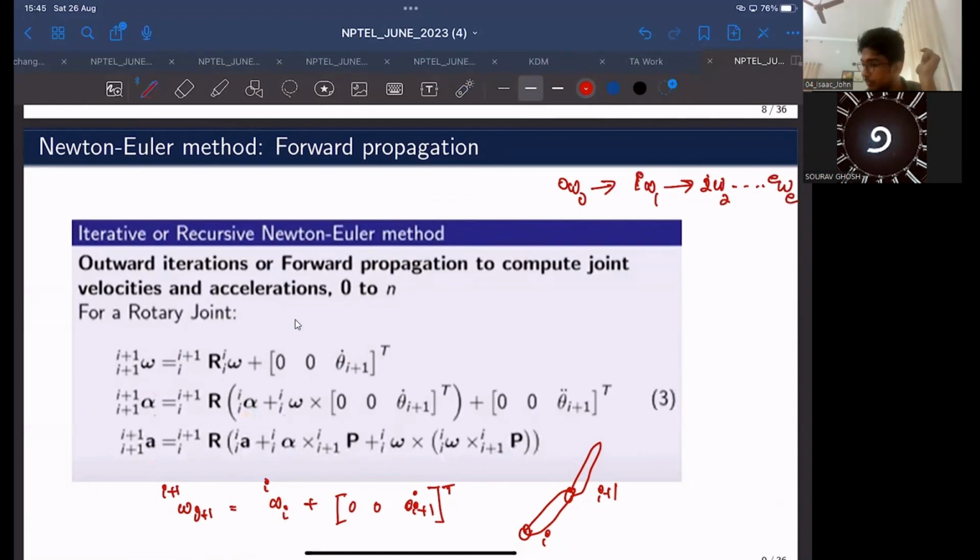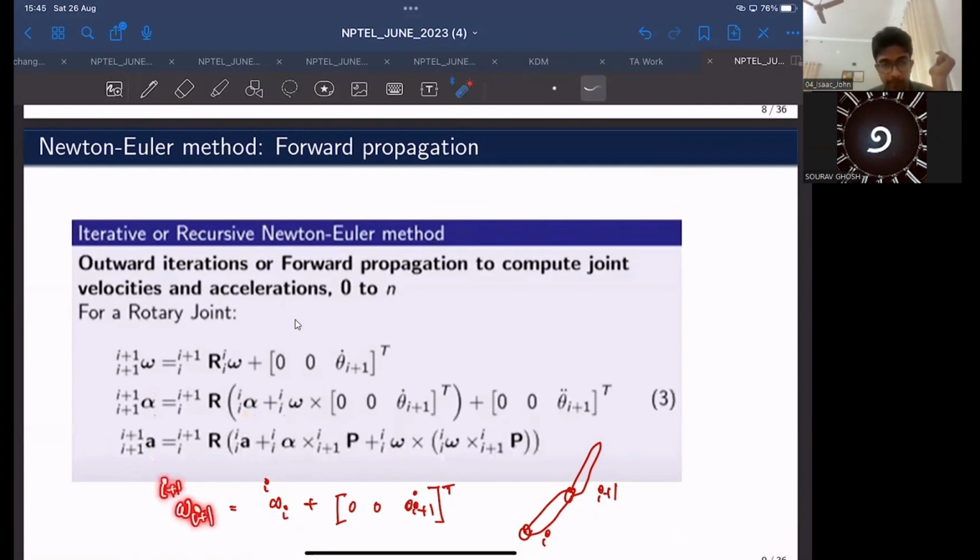We know I omega I is expressed with respect to the ith frame. We also know that I omega I plus 1 is going to be expressed with respect to the I plus 1 frame. In order to make this homogeneous with respect to a single frame, because otherwise it does not make sense, all the quantities have to be established with respect to a single frame of reference.